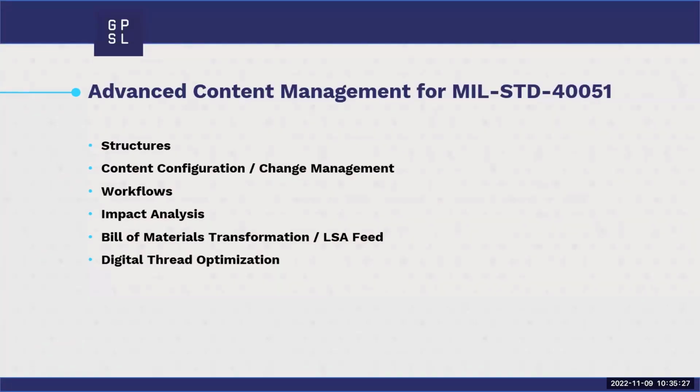Advanced content management is the concept that we want to talk about. Again, it's using Windchill for 40051, but these are the key elements of enabling your digital thread, right?